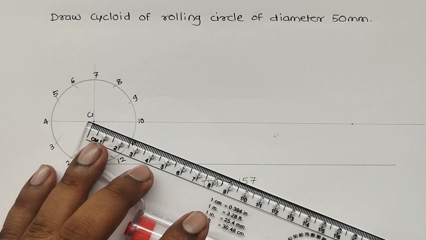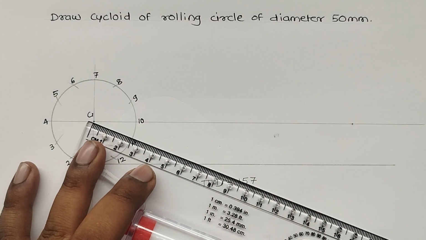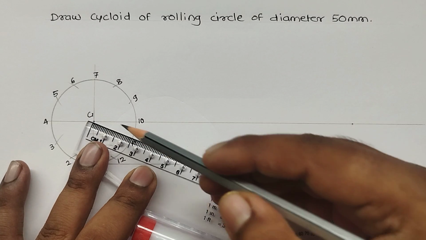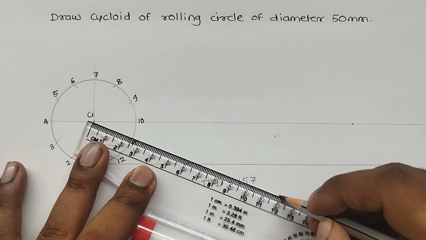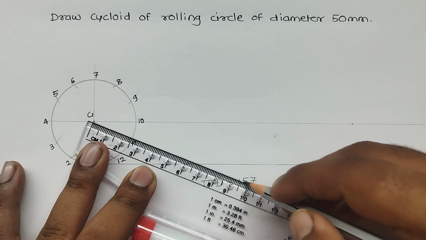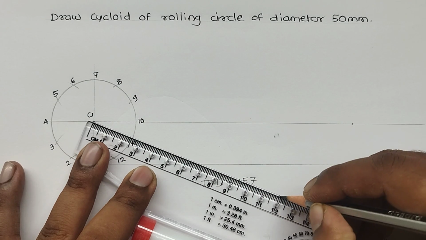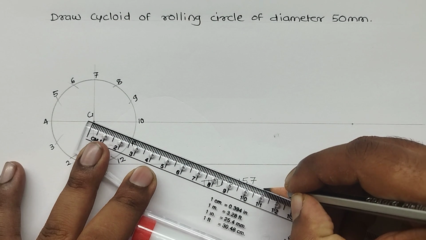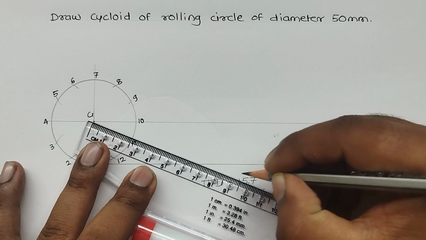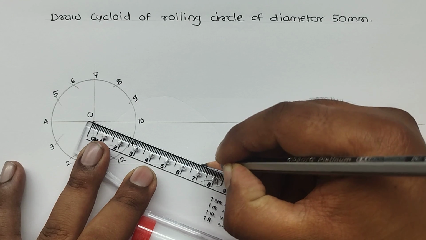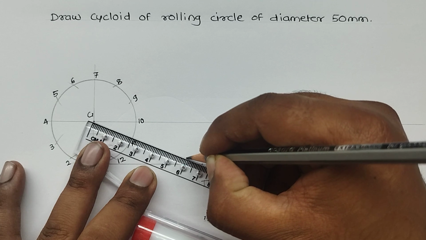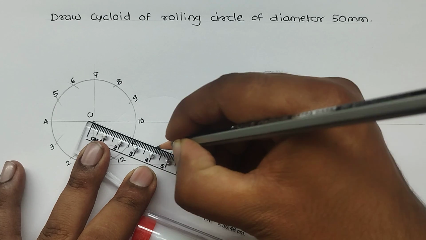So the simplest method is take any angle. I have created here angle and mark here some points which are equidistant. So up to 12 mm I have taken, and at each and every 10 mm I have taken a reference point.